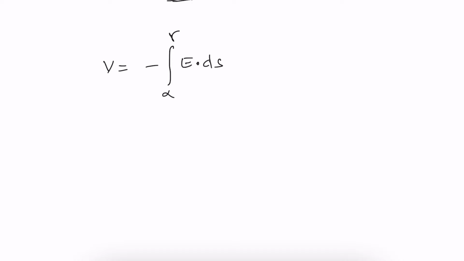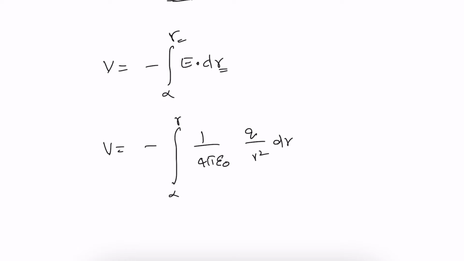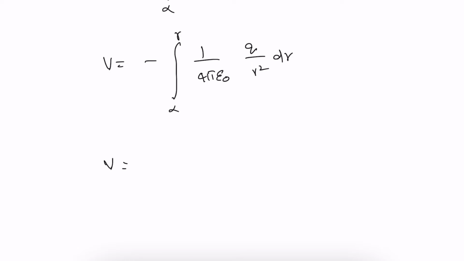So V is equal to minus integral from infinity to r of E. What is the E formula? 1 by 4 pi epsilon naught q by r square, and here we choose the r term, so this is dr. 1 by 4 pi epsilon naught q is a constant term, so we bring it before the integration. Then we get q by 4 pi epsilon naught, integral from infinity to r of 1 by r square dr.